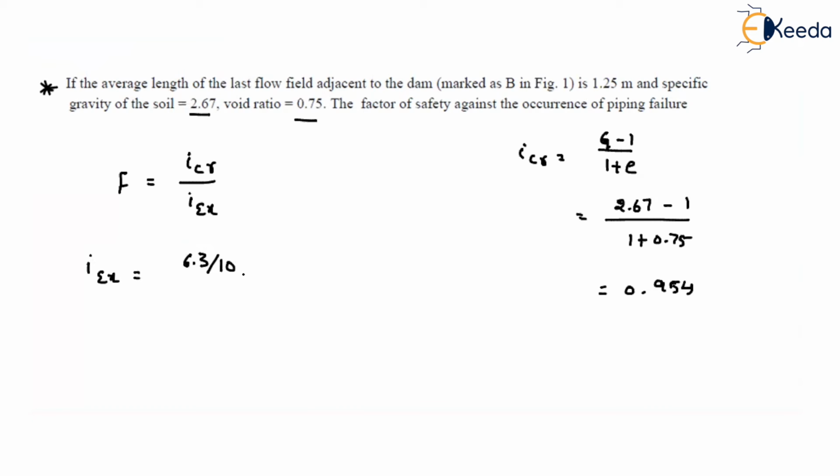So this is your exit head divided by the average length mentioned, 1.25. If you solve this, we get around 0.504. What is the factor of safety then? 0.954 divided by 0.504, which is around 1.89. That is the factor of safety available at that point.